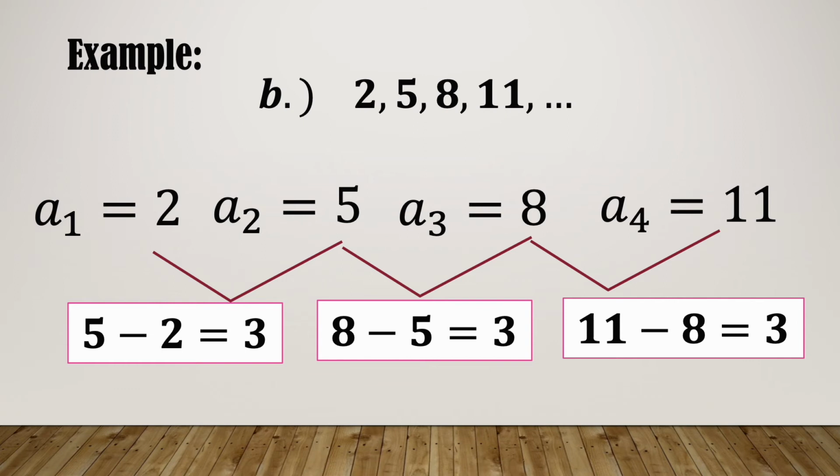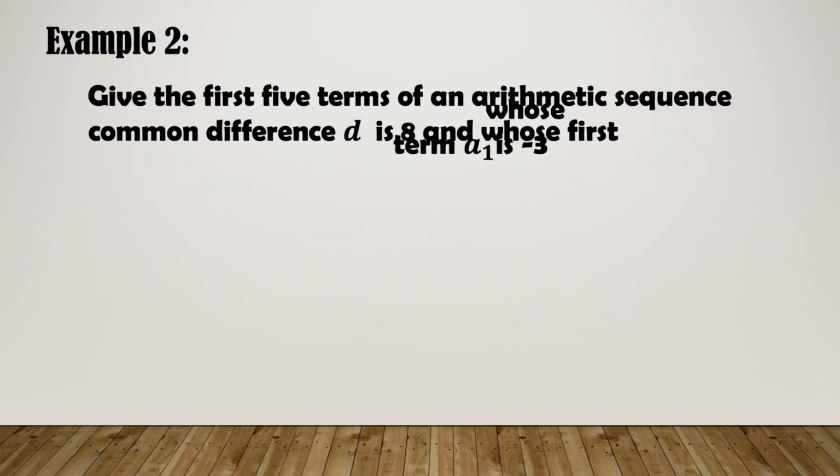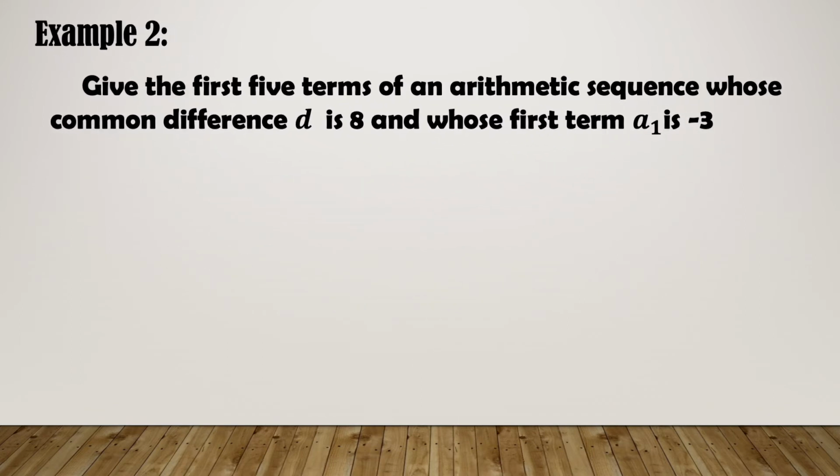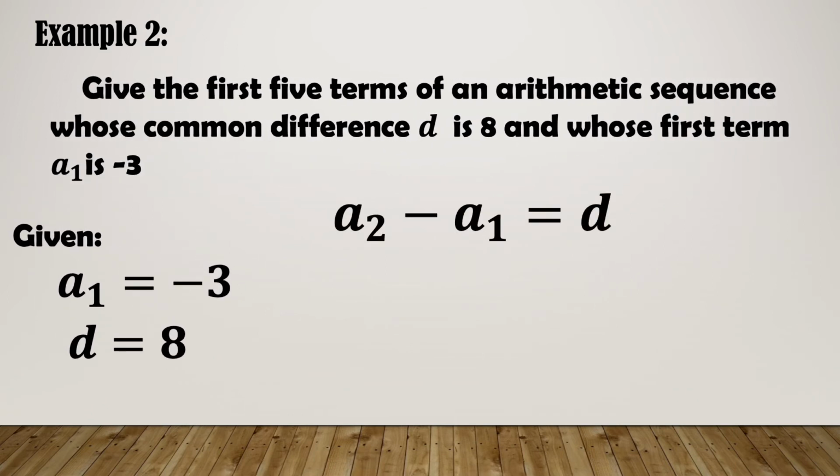So another example. Give the first 5 terms of an arithmetic sequence whose common difference is 8 and whose first term, a sub 1, is -3. So our given is a sub 1 is equal to -3 and the common difference is 8. Using the formula on finding common difference, substitute the given. So we have a sub 2 minus a sub 1 is equal to d.